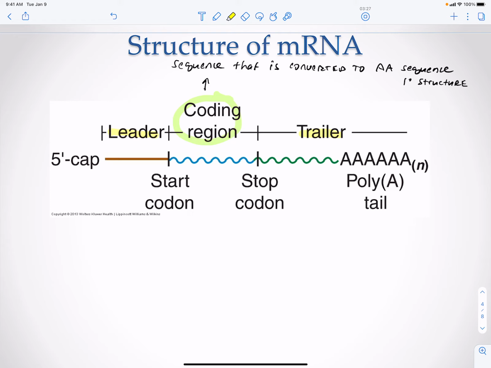So that's the 5' end. You also have a start codon in the leader sequence. This is a trinucleotide start codon. And this is going to be our guanosine caps.